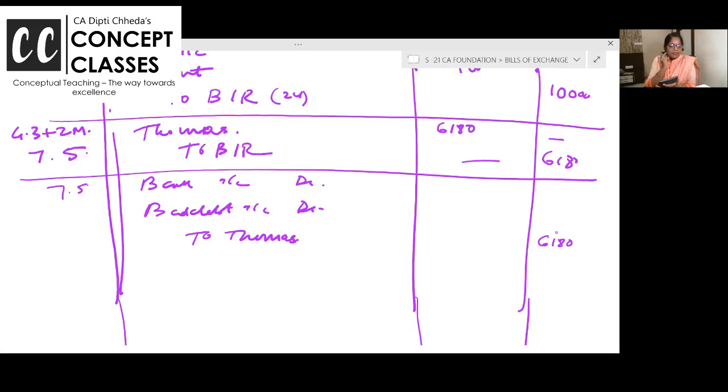कितना? 40%. 2472. 6180 का 60% is the bad debt.